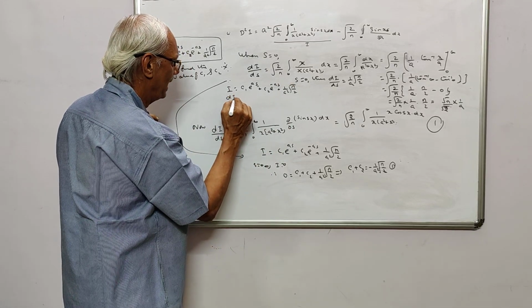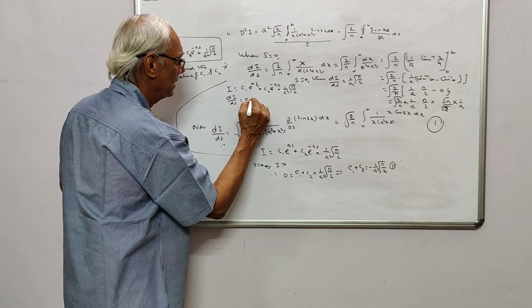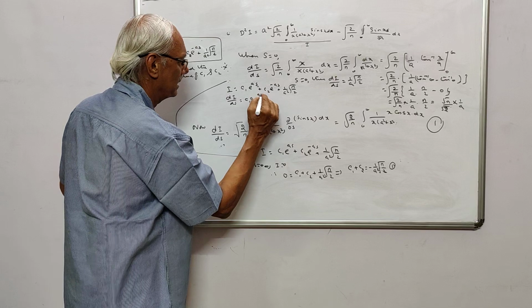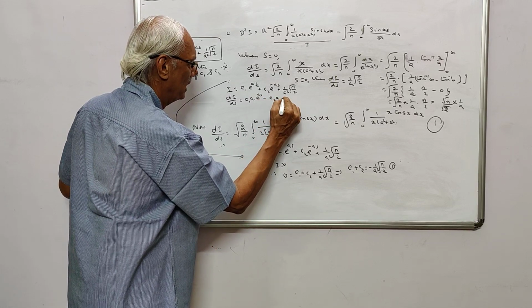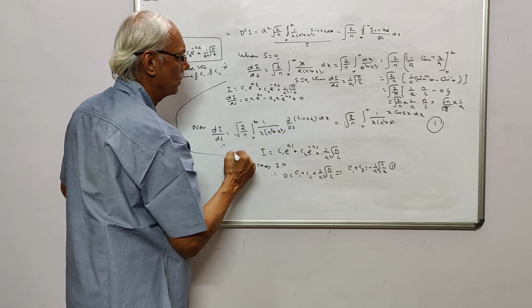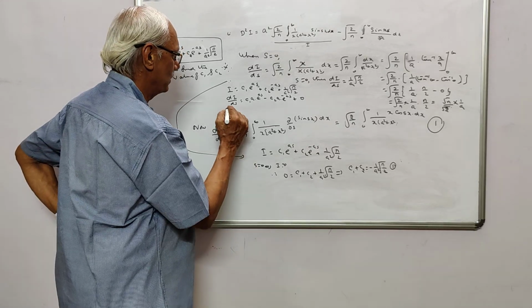Now what is your di by ds? It is equal to C1 into a e to the power of as minus C2 into a e to the power of minus as plus 0, because this is a constant and therefore with respect to s it is 0.